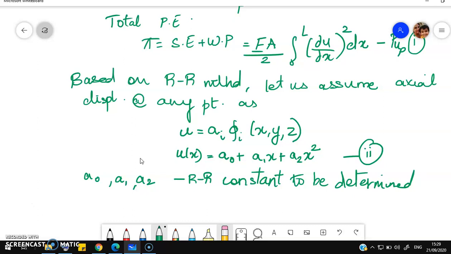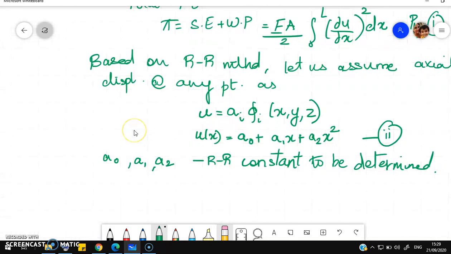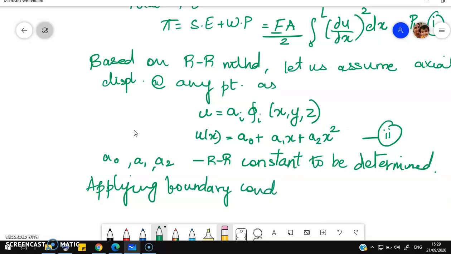Now we have already assumed a function. Next step is to apply the boundary conditions. At x equals 0, that is at the left hand side, we know that the displacement has to be 0. It's fixed and there is no movement allowed.